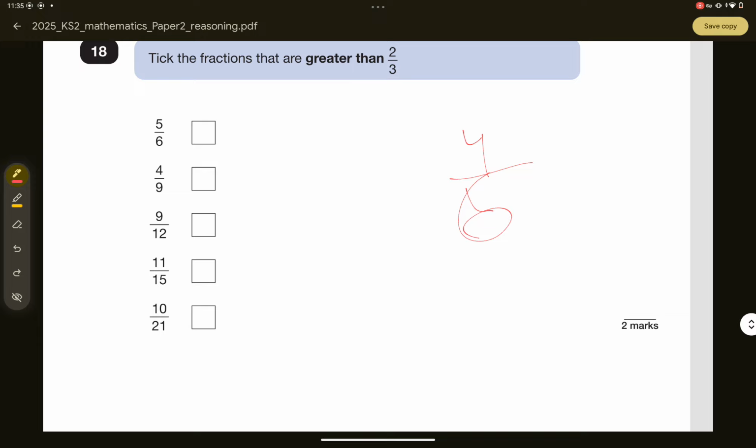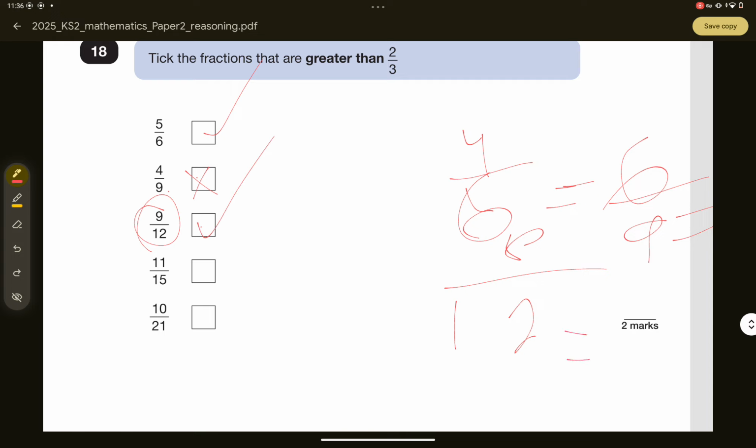4/6. And then this is 5/6, so that's greater. 2/3 equals 6/9, so that's 4/9, that doesn't count. And then this one equals 8/12, and this is 9/12, so that would be larger.